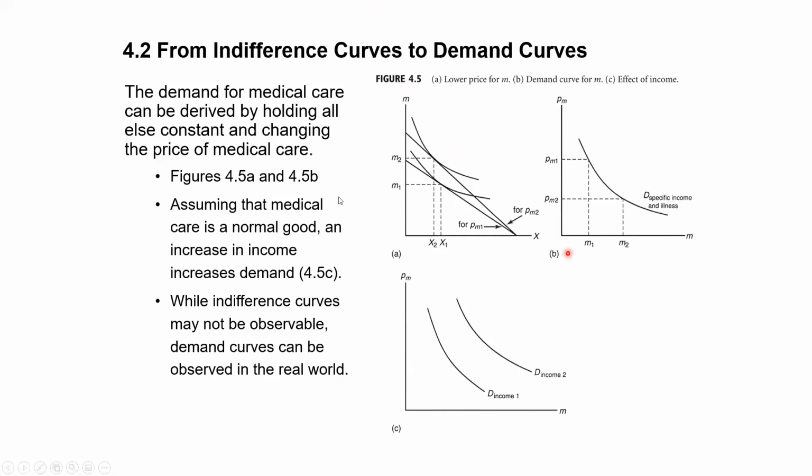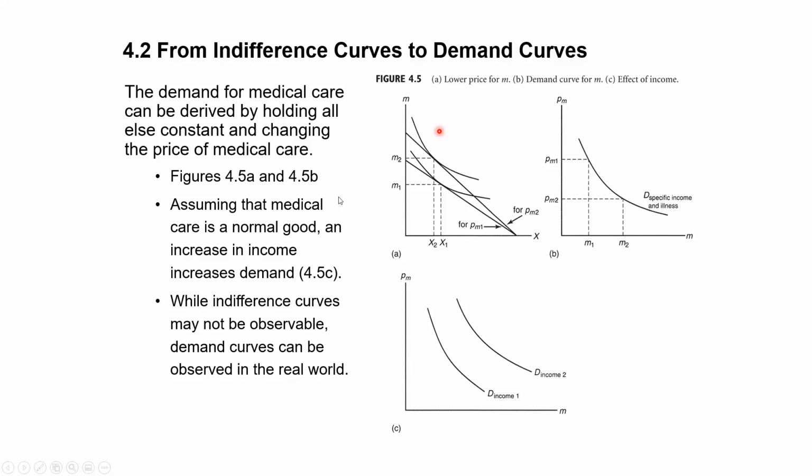So when prices of the medical services fluctuate, so become different, then what is the impact on the demand curves when you hold your income level constant, and also when you hold the prices of other goods constant? So this is how you move from looking at indifference curves to looking at demand curves.